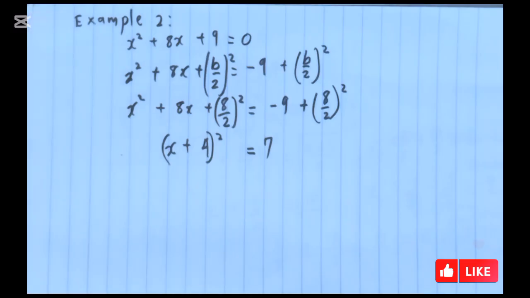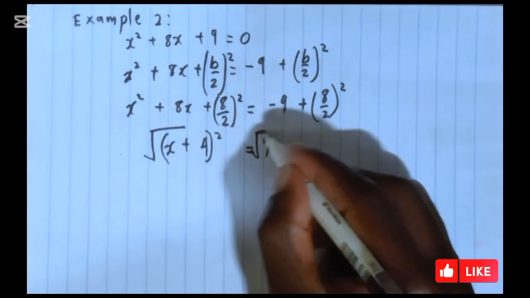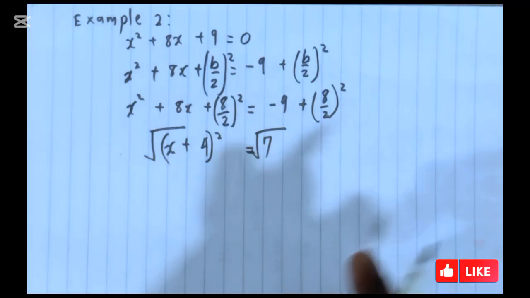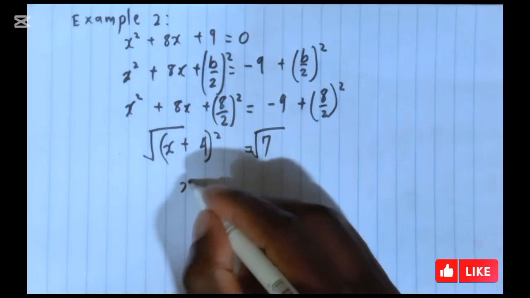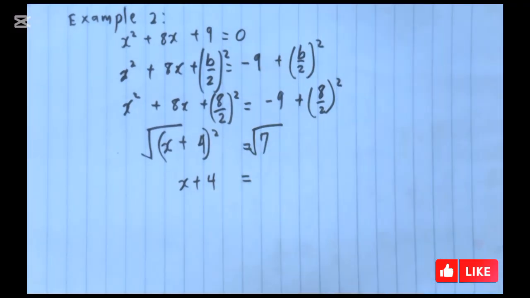And that will give us 7. For us to find the value of x, notice that we are going to find the square root of what we have in the left hand side and what we have in the right hand side. The square root of x plus 4 squared will basically be x plus 4, and that will be equal to the square root of 7.